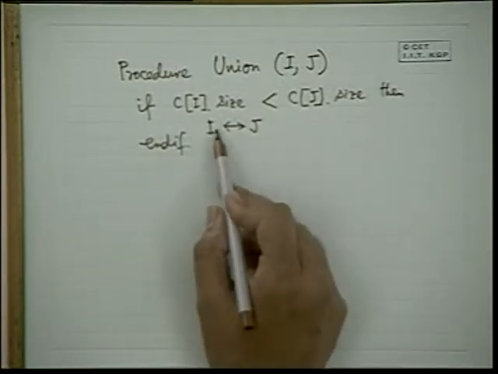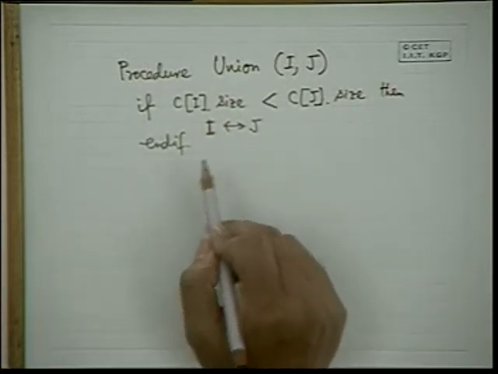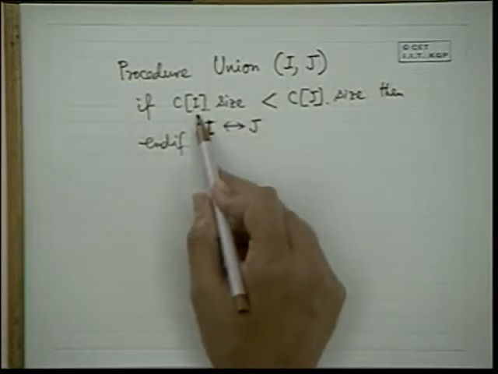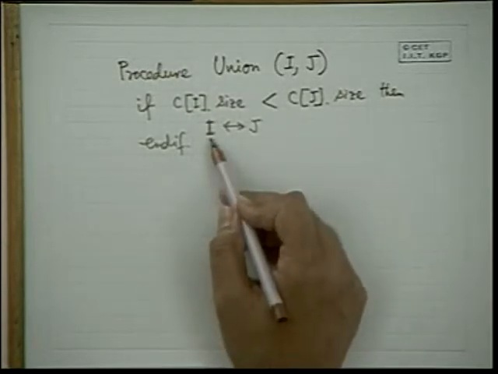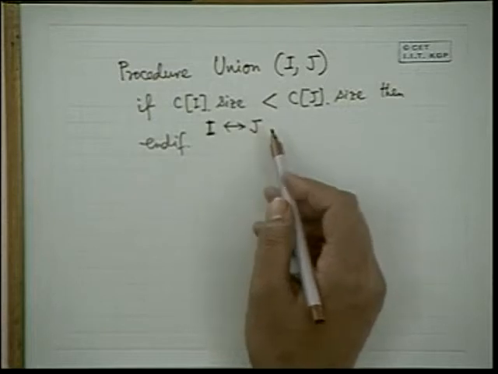So what does it mean? i will always contain the value which is larger, because only if Ci.size is less do we do this. So i will always be larger or equal.